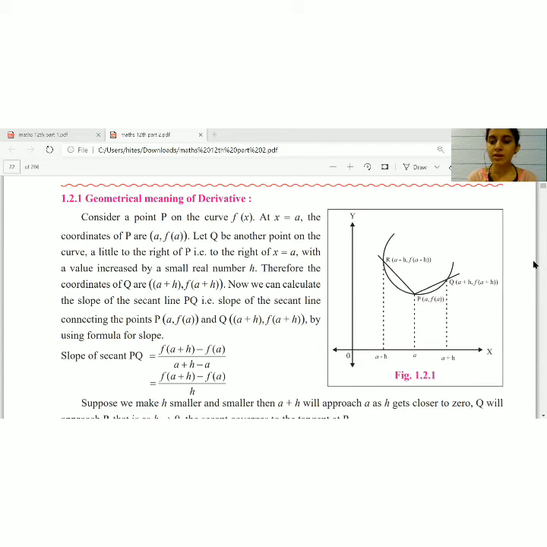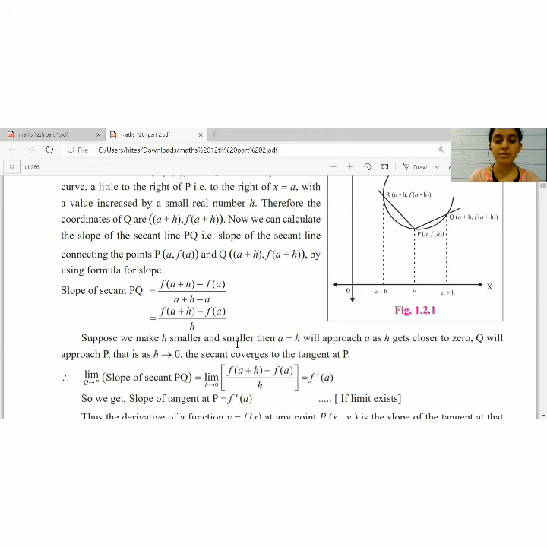Suppose we make h smaller and smaller, then what will happen? A plus h will approach a as h is getting closer to 0, right? So if that difference h that we have taken, we make it smaller and smaller, it will approach a. What does that mean?